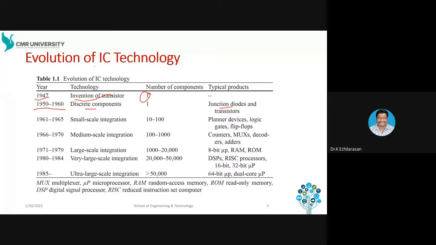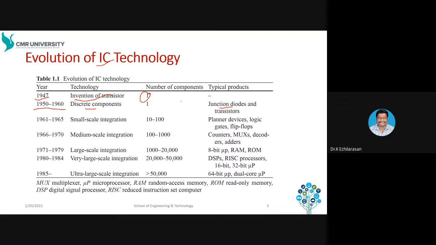Then what is meant by IC? As you know very clearly, that is integrated circuit. What is meant by integrated circuit? The integrated circuit is nothing but a large number of transistors accommodated in a single chip. That is what I call an integrated circuit.